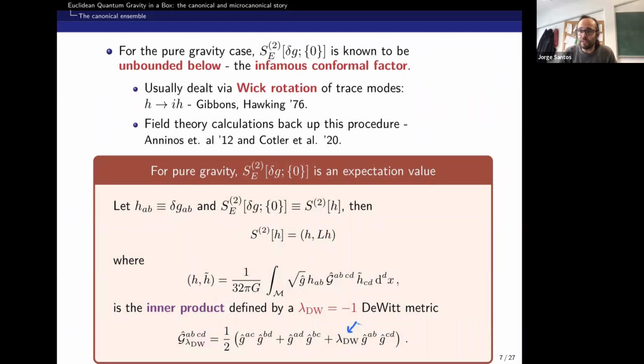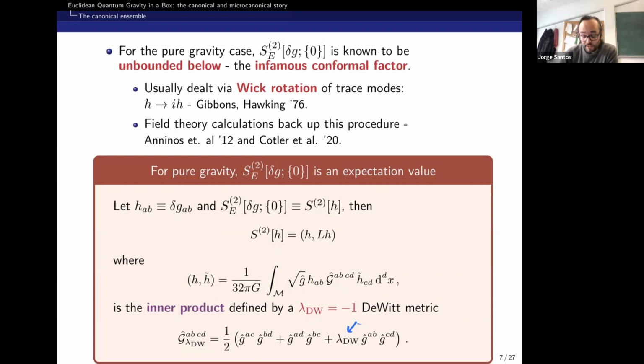There's a reason why it's -1, and why everybody has worked so far with -1, because this makes the orthogonality between physical modes and gauge modes apparent. But a priori there's no reason why you should choose lambda DeWitt to be -1. Okay, but that's what people write in the literature, and that's what we're going to run with.